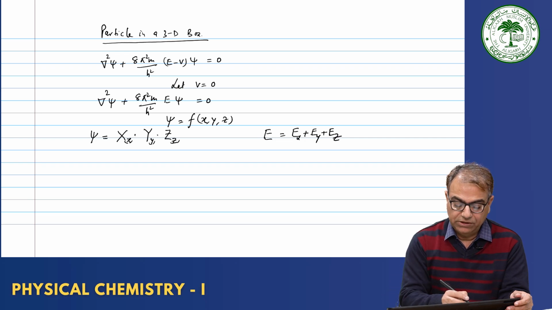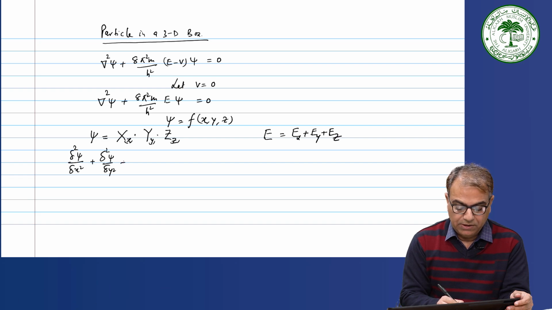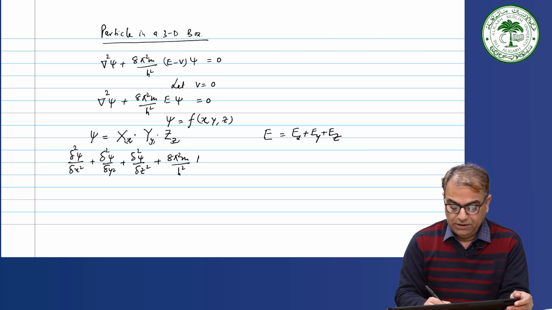If you put these values in this equation, you know that it is the Laplacian operator, which if you write, then del square psi by del x square plus del square psi by del y square plus del square psi by del z square plus 8 pi square m by h square E psi is equal to 0.